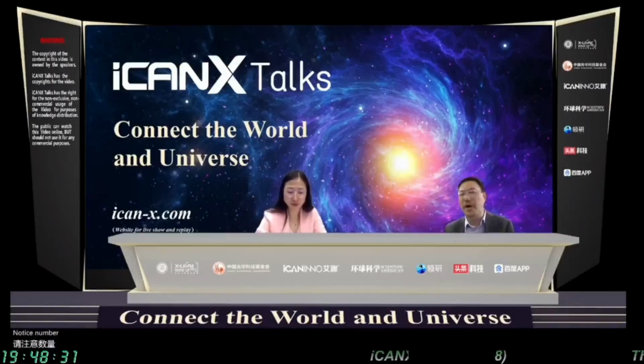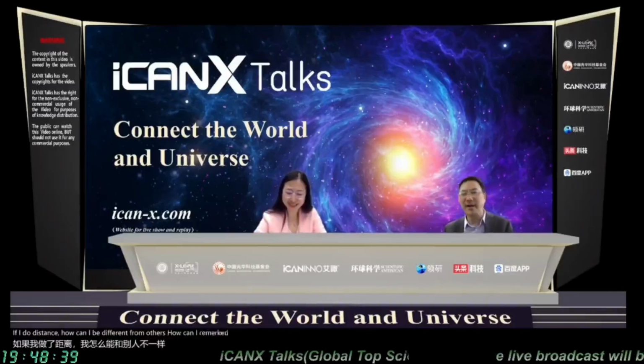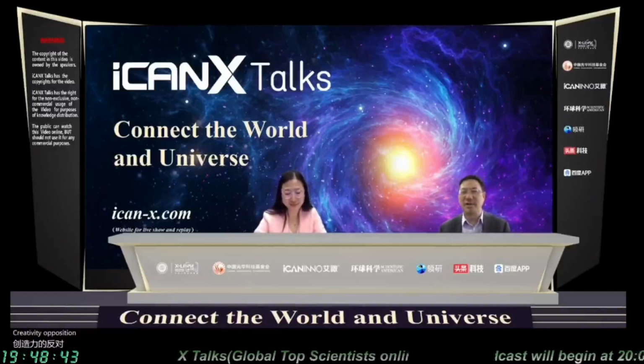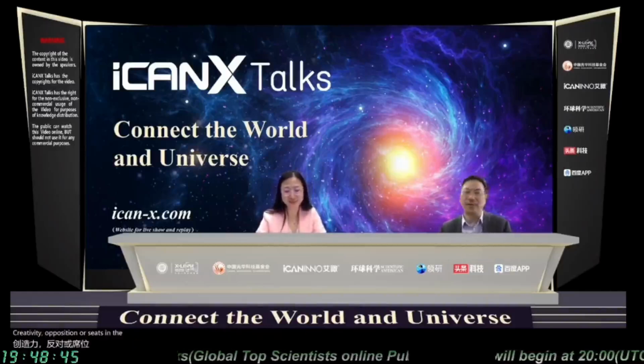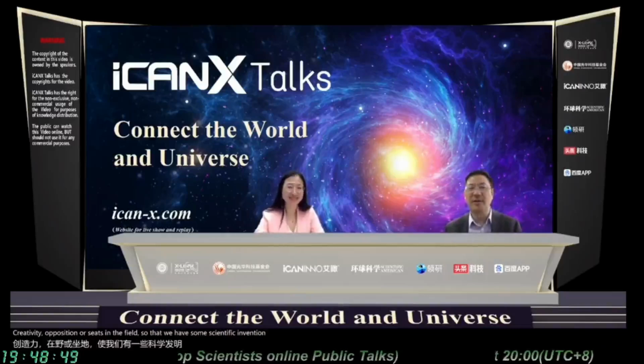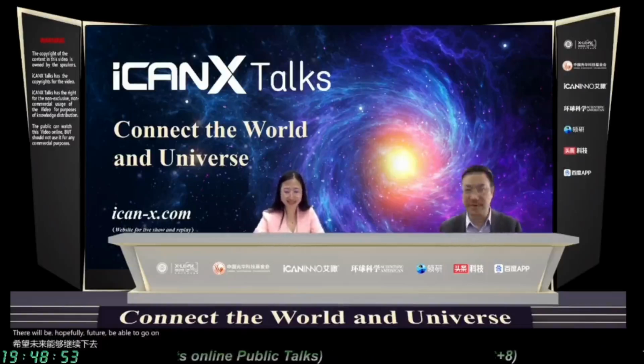Number 3, I like to be distinctive. If I do these things, how can I be different from others? How can I have my own creativity or position in the field, so that we have some scientific invention that will hopefully go into textbooks in the future?